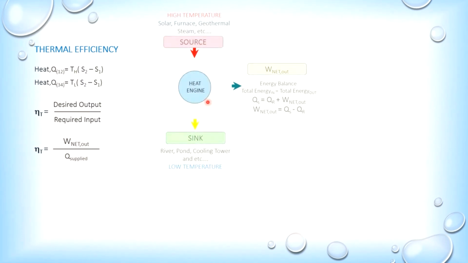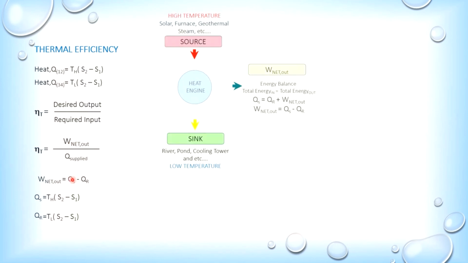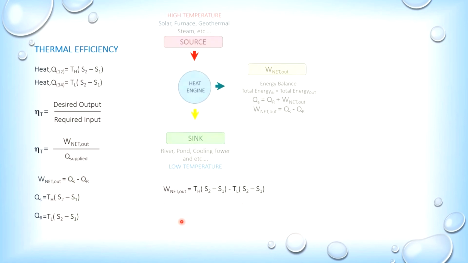Remember, the substance that we use here is water, with high heat capacity. So our net work out is equal to heat supply minus heat rejected, and these are the formulas that we have. We just substitute into this main formula, and then manipulate, and you get this.